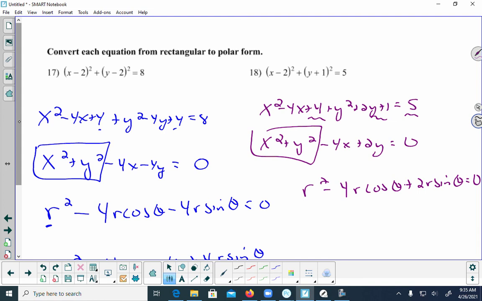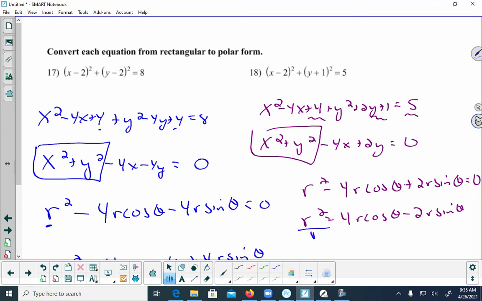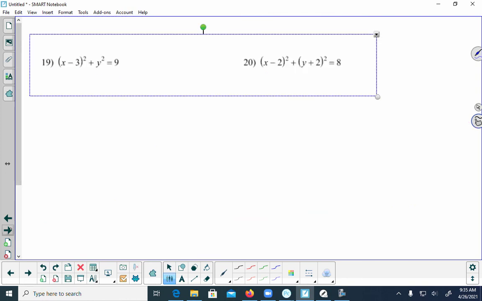So now I'm going to say r squared is equal to 4r cosine theta minus 2r sine theta. Divide everything by r, and I'm going to get r is equal to 4 cosine theta minus 2 sine theta.